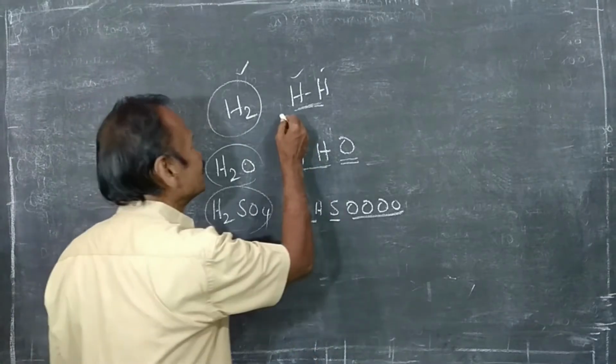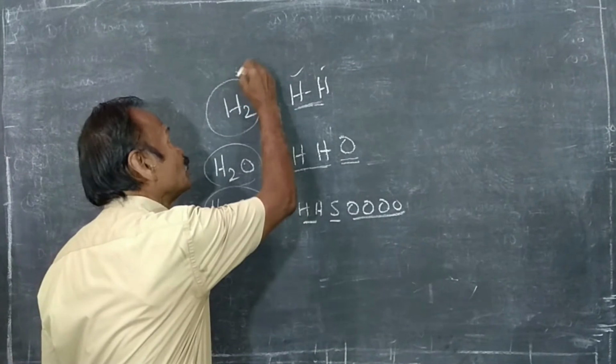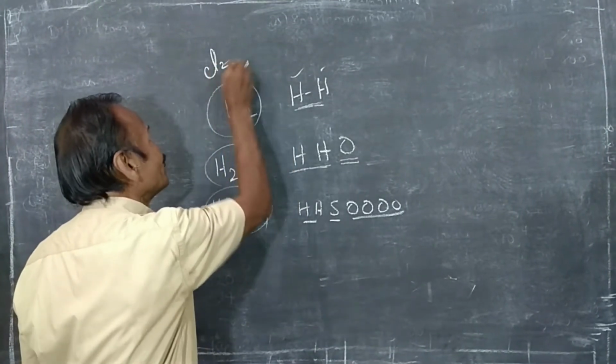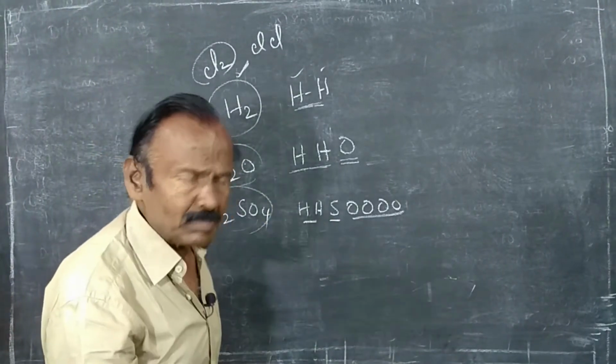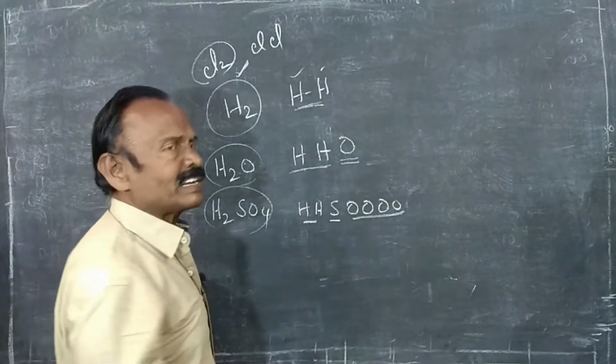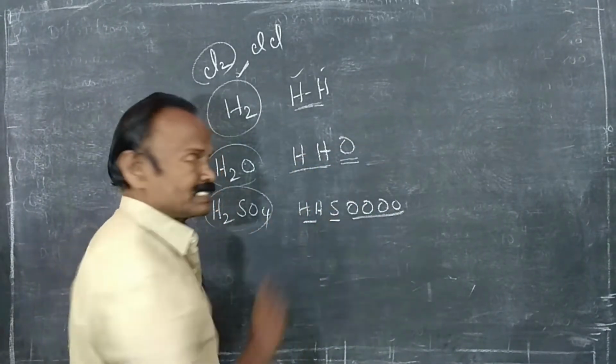So this is atoms of same element form one molecule of hydrogen, one molecule of chlorine. So here two atoms of chlorine, atoms of same element. Here two atoms of hydrogen, atoms of same element. Here atoms of different elements.